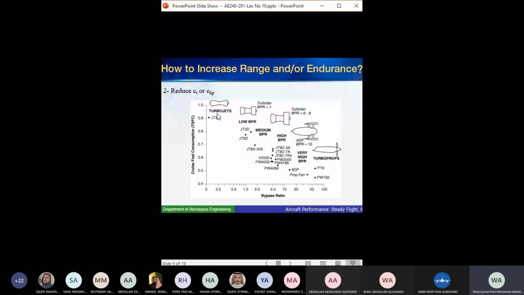And you can see that a turbojet is just like a turbofan, but with a bypass ratio of 0. What's the bypass ratio? Anyone say what's a bypass ratio? Chapter 3, jets, turbofans. What is the bypass ratio?